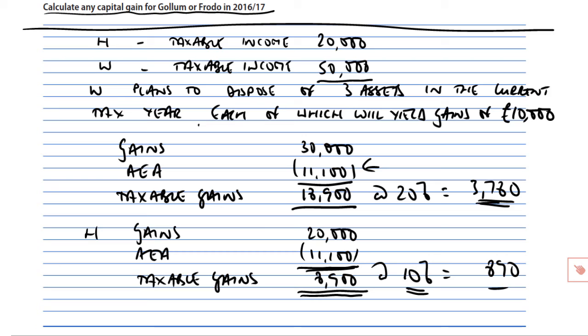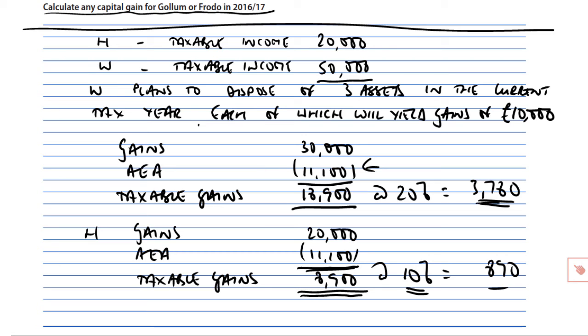Now, in fact, if we were more flexible as regards when these assets were to be sold to the outside world, if they could be sold independent of one another, then we could have reduced the tax down to 0 by simply saying transfer 1 to the spouse, to the husband this year, he sells 1, she sells 1. So just sell 2 of the 3 assets this year, each gain of 10,000 covered by their respective AEA figures.